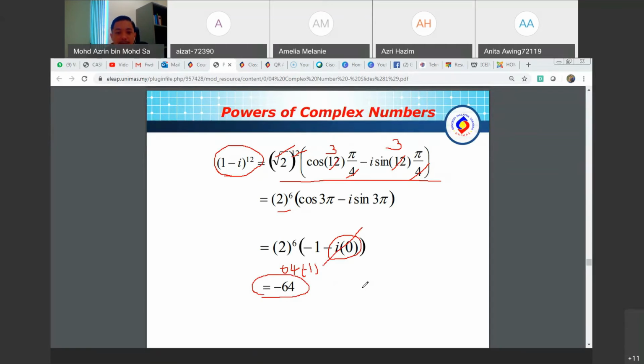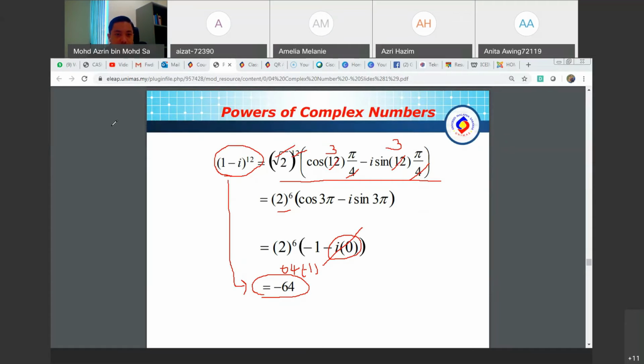Okay. Boleh, so the de Moivre theorem for this is equal to negative 64. Untuk complex number 1 minus I power of 12 adalah negative 64.